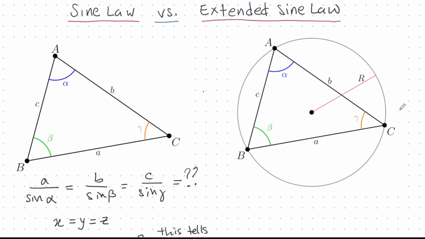Around any 3 points, I can draw a circumscribing circle. So I can draw a circle through A, B, and C. And if I do that, I get a circle with radius R. It has a center somewhere. It could be in the middle of the triangle, or it could be outside of the triangle.